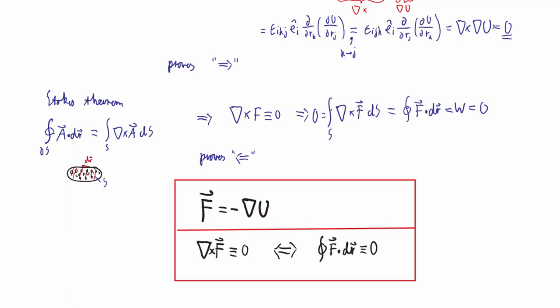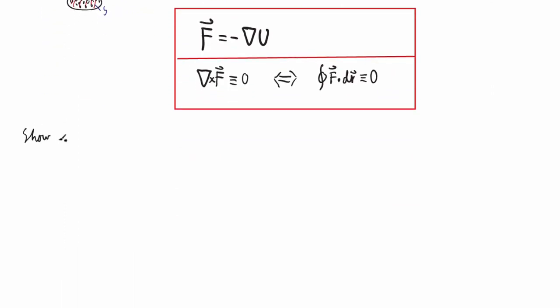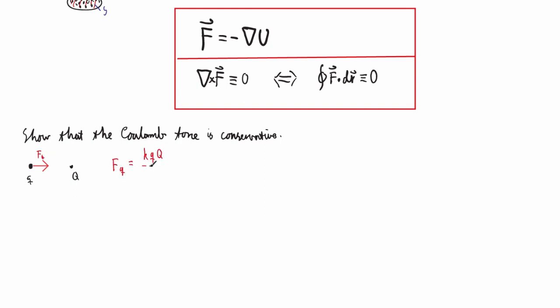So let's end this video with a brief example using this formula. What we want to do here is to show that the Coulomb force is conservative. If you have two charges, Q and little q, there will be a force on the little charge, F_q, which is given by this formula, something you should already know.